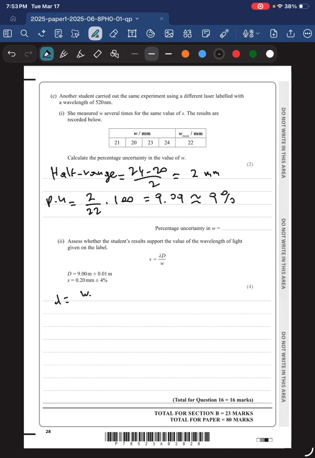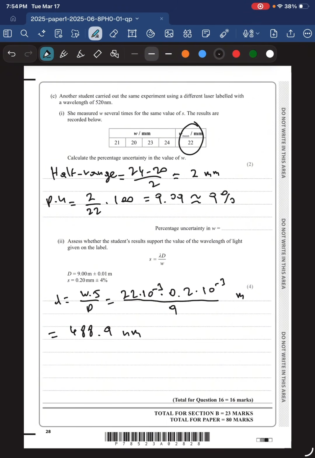So lambda is WS over D, so that's 22 times 10 to the negative 3, which is W mean, I take it from there, times S, 0.2 times 10 to the negative 3, over D, which is 9, and this is in meters. So lambda is 488.9 nanometers. Okay, now we have to find the percentage uncertainty in lambda and see whether this makes sense.